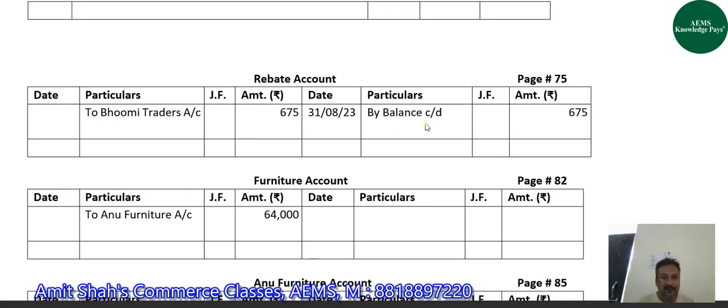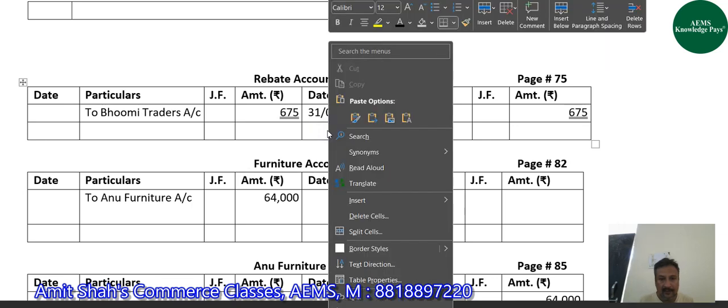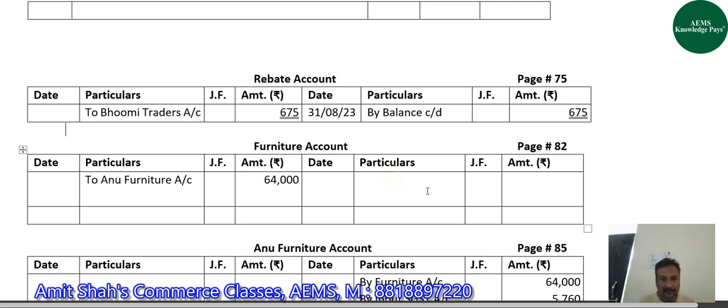Now guys, rebate account. This also we have closed. Furniture account.